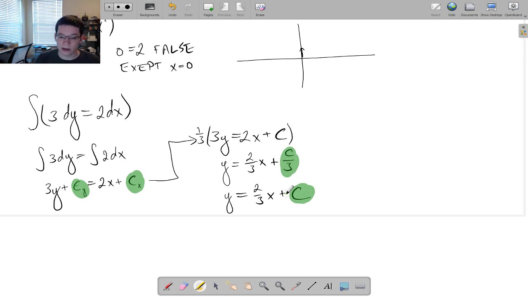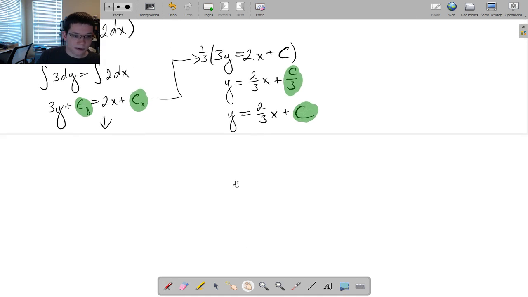If it really matters in your brain and you're having trouble understanding that for now, just do it all out. So if I was going to do it that way, I would have said 3y equals 2x plus cx minus cy. I'll divide the whole thing by 3.